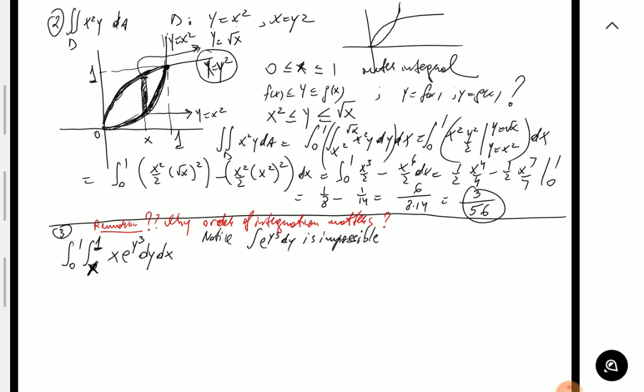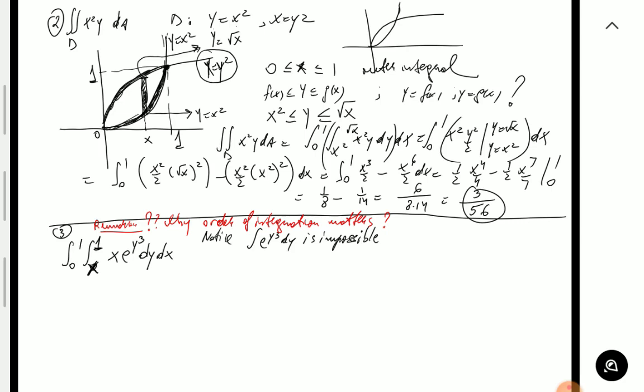Because it's a continuous function after all, but the antiderivative cannot be computed by traditional means, or it cannot be expressed in terms of elementary functions. So there's no way to compute this integral in exact form with traditional functions. So integrating with respect to y first is bad news because we cannot do it. But let's look at the domain and maybe we can change the order of integration, and maybe if we do that, then we can actually solve it.